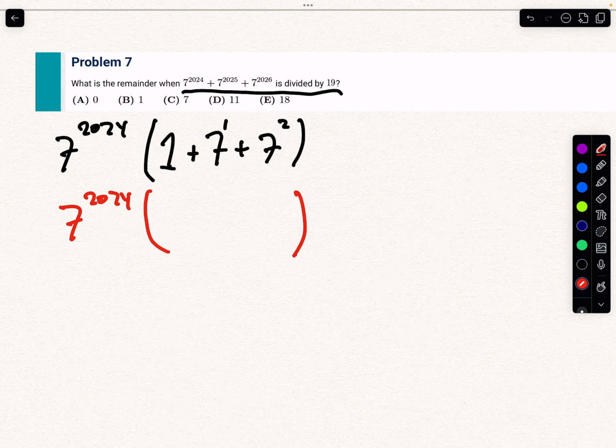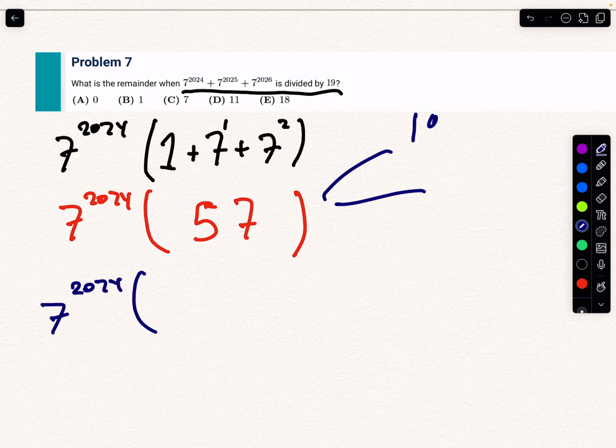This is maybe relatively obvious, as you will get 1 plus 7 plus 7 squared. And to simplify this, well, this is 49, so 49 plus 8 is 57.